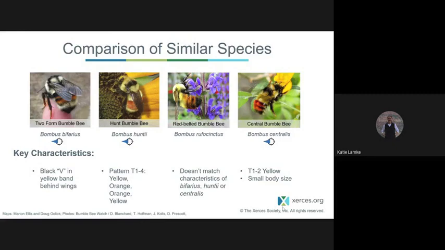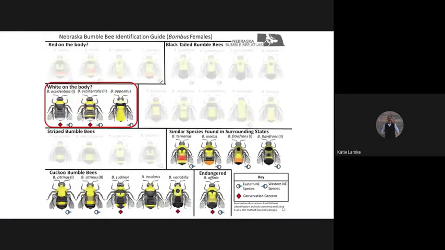Bombus centralis has T1 and T2 yellow and is relatively small. And if it doesn't match any of those three, you might have Bombus rufocinctus, which again is the species that is highly variable. Next, we're going to look at bees that have white on the body, and there's only two species that may occur here.